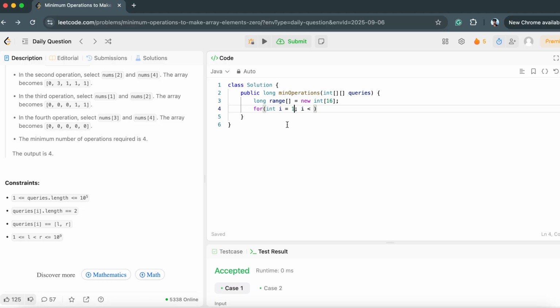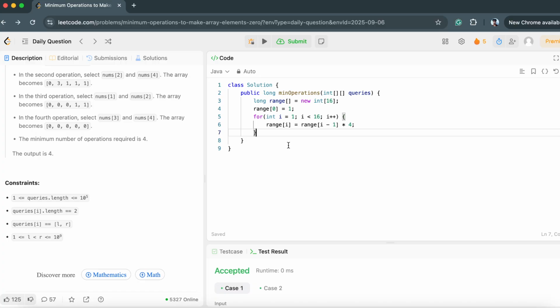We start with 1: at the 0th index, range of 0 will store 1, and it goes all the way to 16, i plus plus. So range of i is range of i minus 1 times 4. Whatever the previous value is, we simply multiply it by 4, and that way we keep getting the ranges.